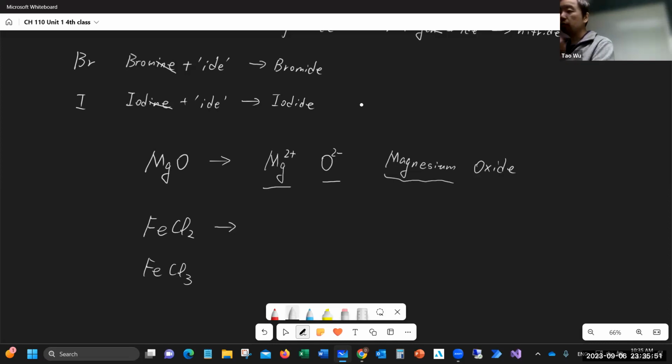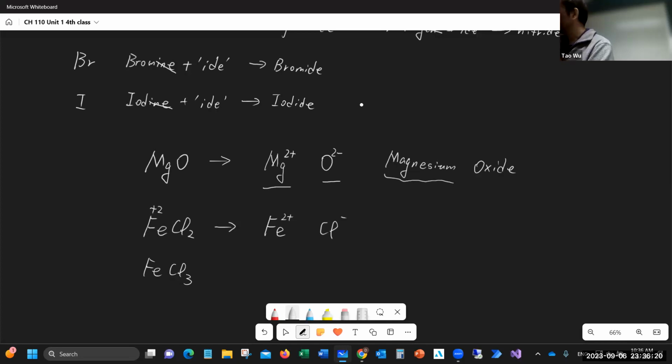Then you can more easily see the anion, because the anion never changes charge. Chloride ion has a 1 negative charge, and we have 2 chloride ions, which means this has to have a 2 positive charge.